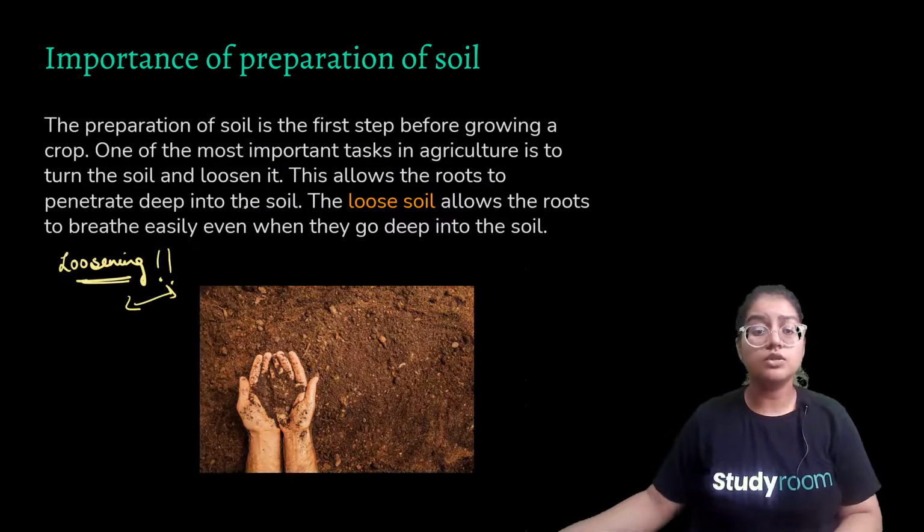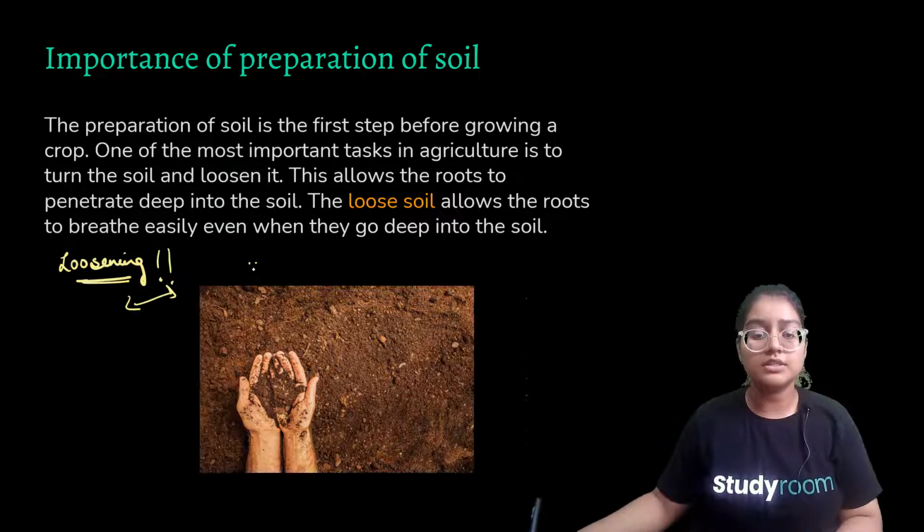Loosening allows the roots to penetrate deep into the soil. For example, if these are our soil particles and they are very tightly packed, there is no space in it, so the roots of our plants cannot grow and the soil cannot support them.